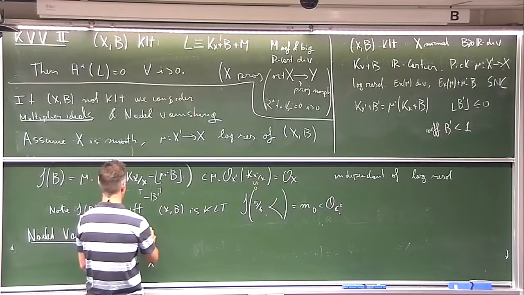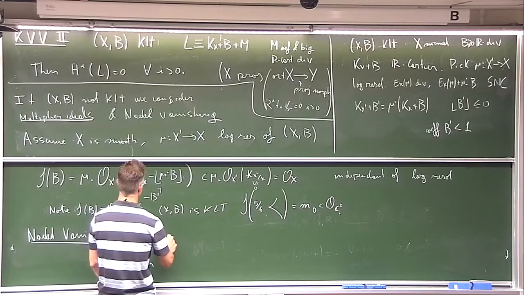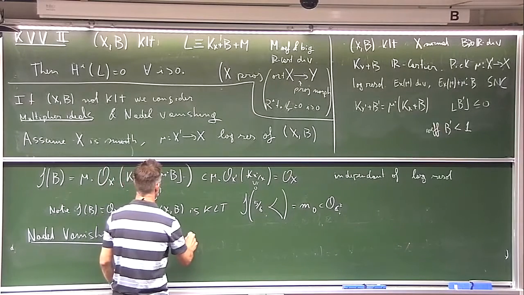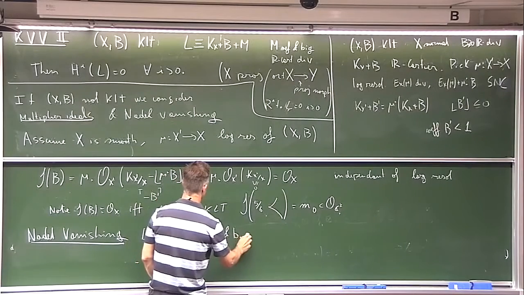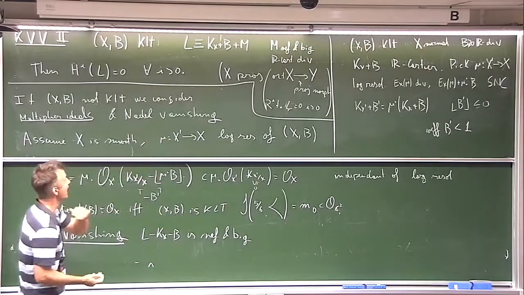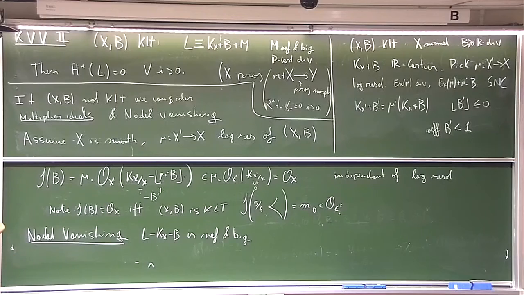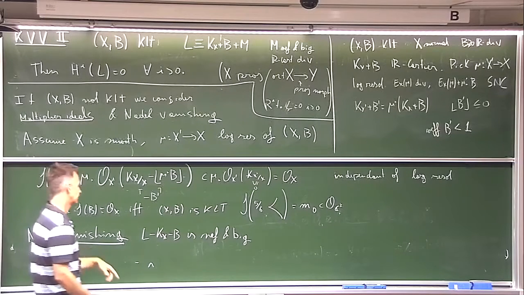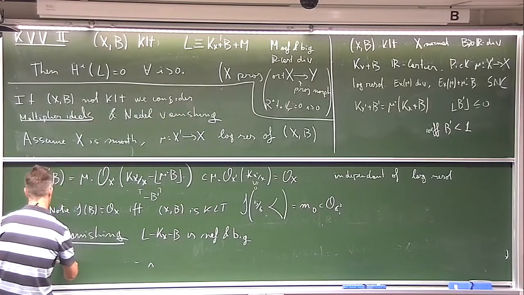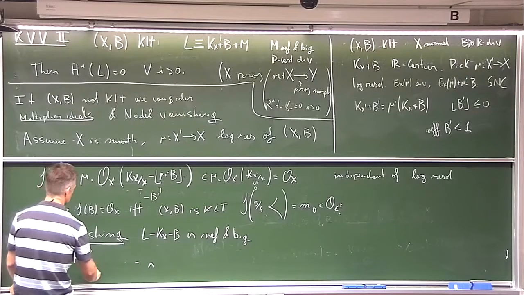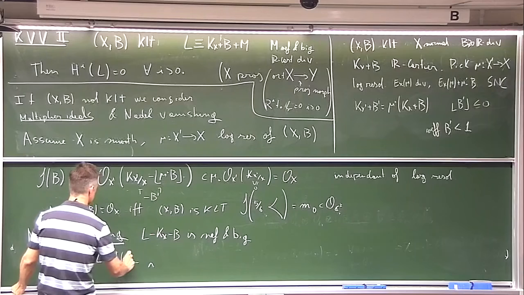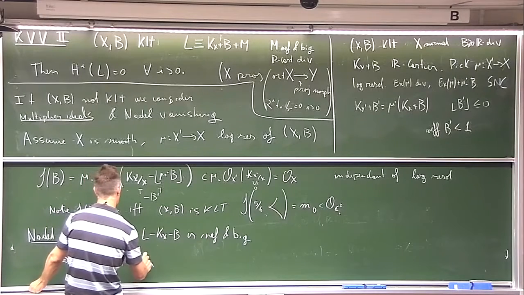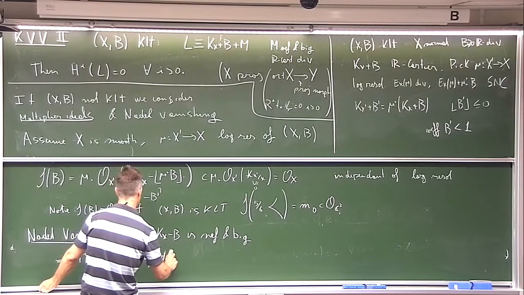Let's assume that L minus K_X minus B is nef and big. Above I called that M, and I'm requiring that it's nef and big. Then this tells me that the higher cohomologies of L tensored with the multiplier ideal sheaf of B are equal to 0 for every i greater than 0.